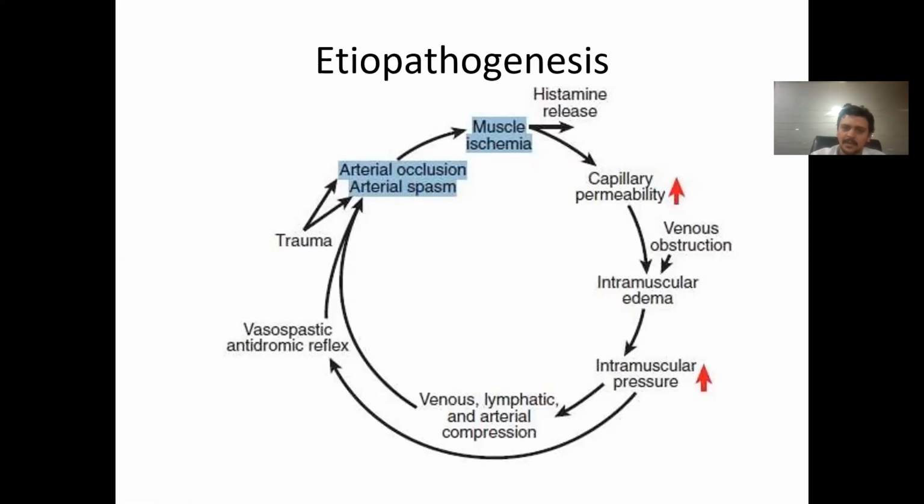Now, the fluid collects inside the intramuscular compartment, so the intramuscular pressure will increase. The increase in the intramuscular pressure can cause venous, lymphatic, and arterial compression. So ultimately, due to the increase in the intramuscular pressure, the arterial flow decreases, and the cycle goes on. This vicious cycle ultimately leads to muscle and nerve ischemia, which can cause necrosis of the muscle.